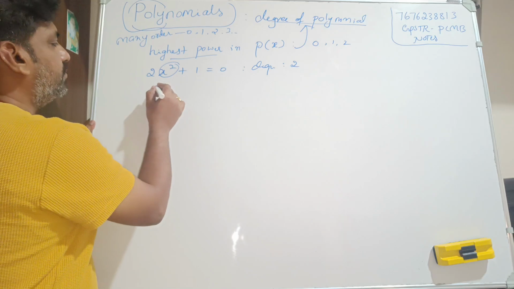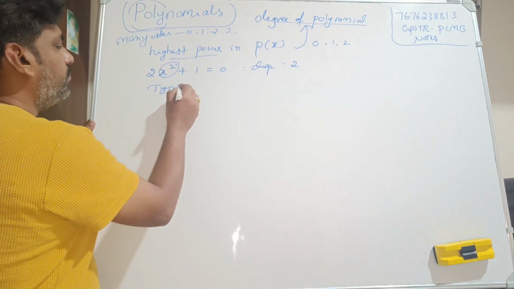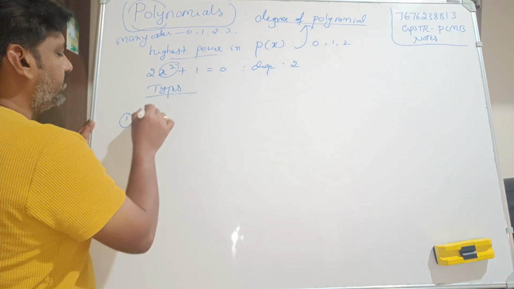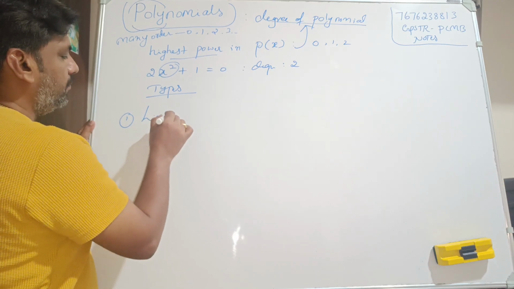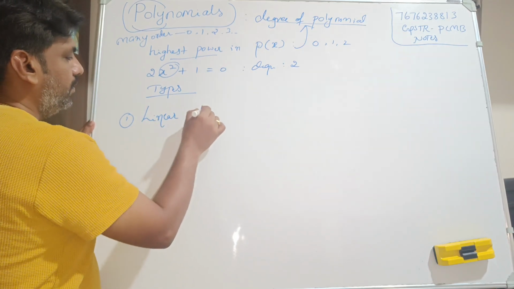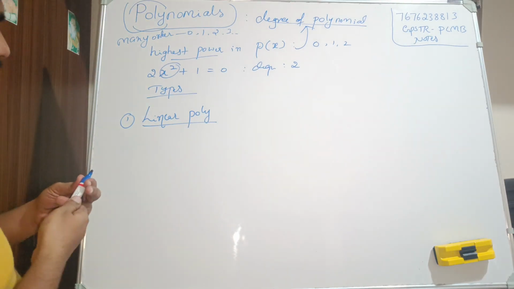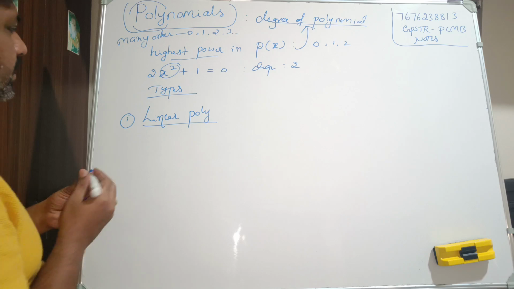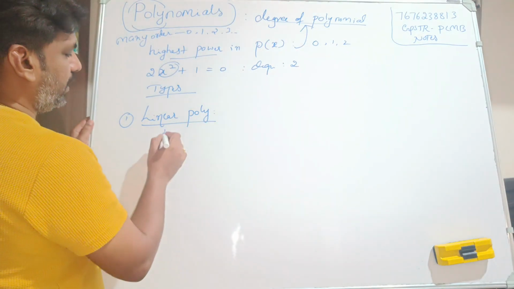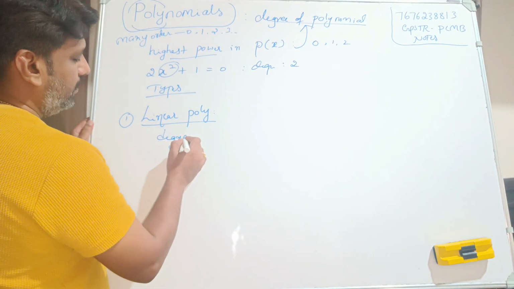Now we are having types. What are the types of polynomial? First one we will call a linear polynomial. A linear polynomial is nothing but a polynomial having degree 1.